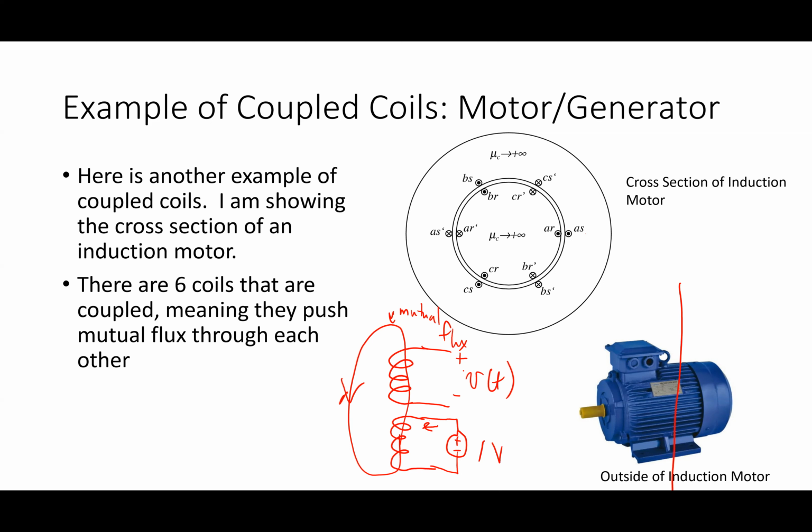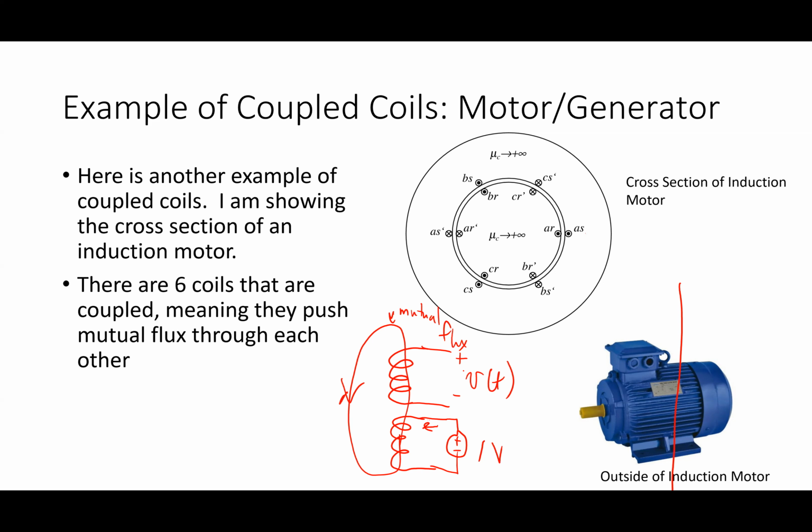Now you know if I have a transformer with the same number of turns, the voltage is supposed to be 1 volt, right? In reality, if I just put them on top of each other, it's not going to work. I've got to make sure that flux really gets through the other coil.